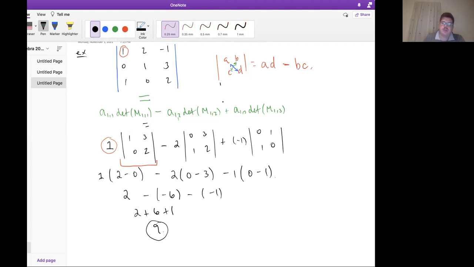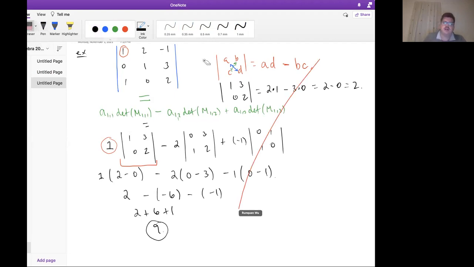So in our example here, 1, 3, 0, 2, we have 2 times 1 minus 3 times 0, which makes 2 minus 0, which is equal to 2. It's the same thing for the other matrices. Yeah, you have a question?